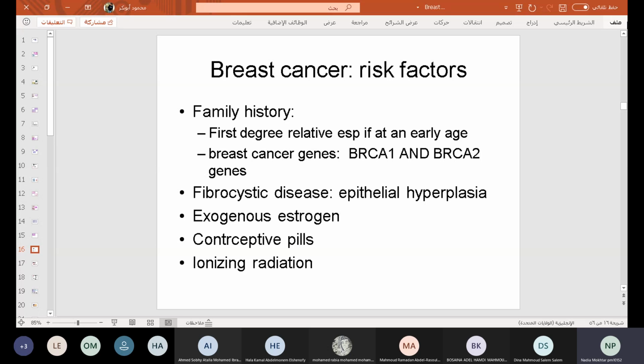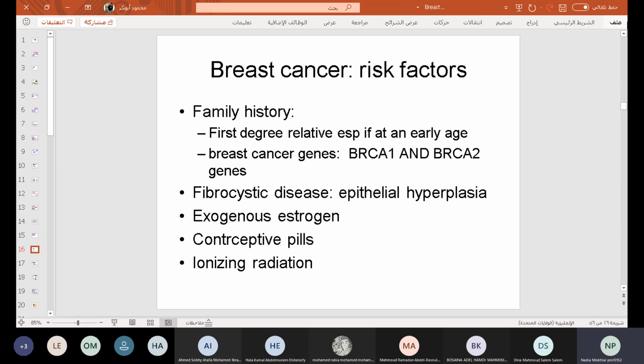Yes, the breast works on the level of estrogen, but if it increases more than what's needed, then it is hazardous. Any exogenous estrogen, including contraceptive pills, because contraceptive pills are just some estrogen products that the female will take to prevent ovulation from the ovary.